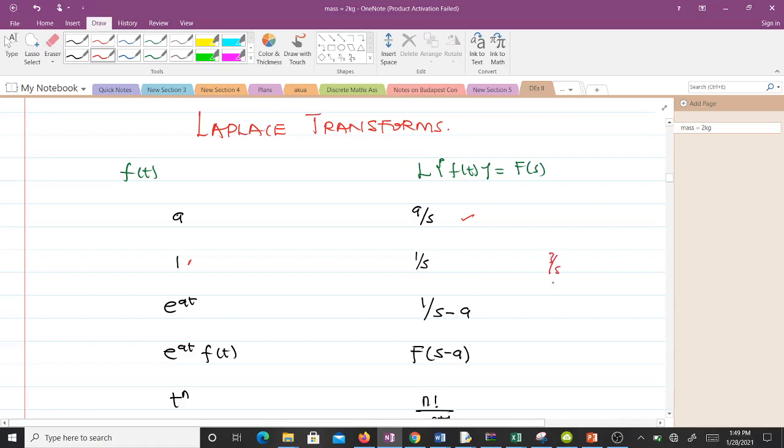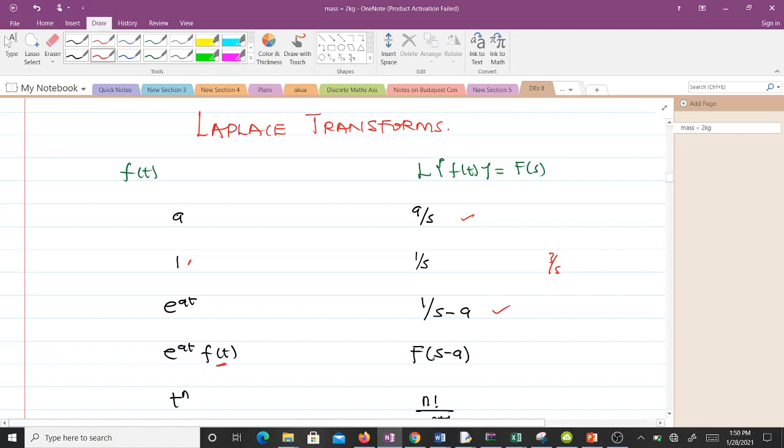Then when you have the exponential function, e to the at, when you find the Laplace of it, it is 1 over s minus a. Some of these we will show in the video as to how they are true. Then when you have the exponential function being multiplied by any function f of t, this is what you learned in your math methods course called the shift theorem.